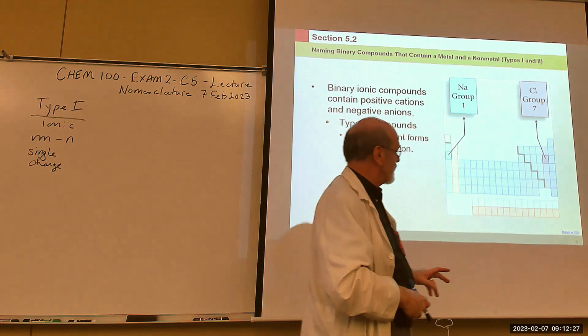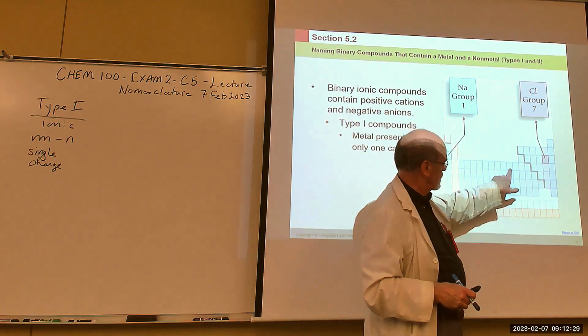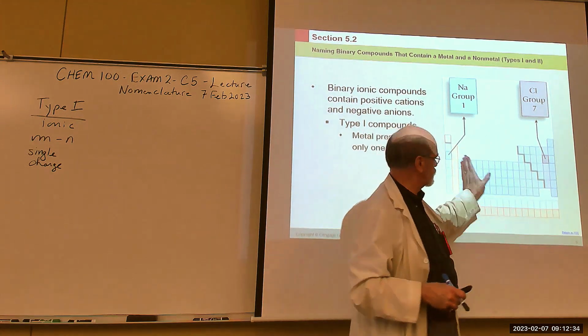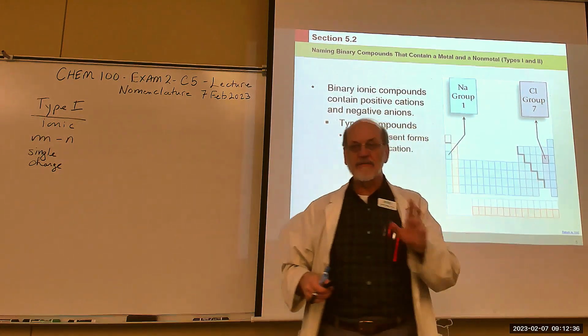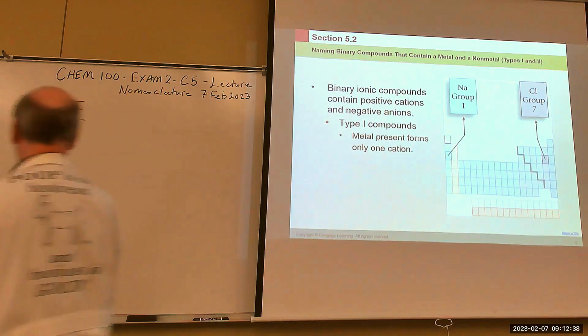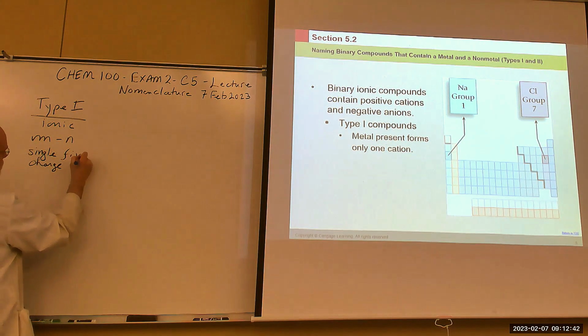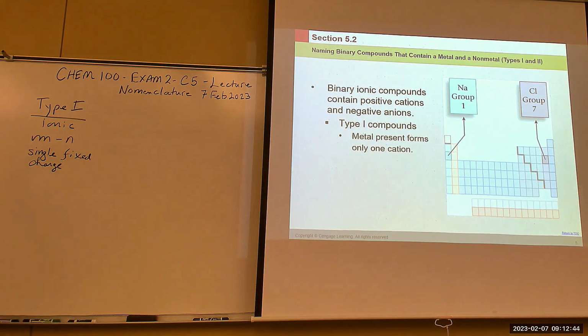Okay. And there are 3 elements in this transition metal part that have a fixed charge also. I should have used that, single fixed charge. And those are, let me refresh my memory.